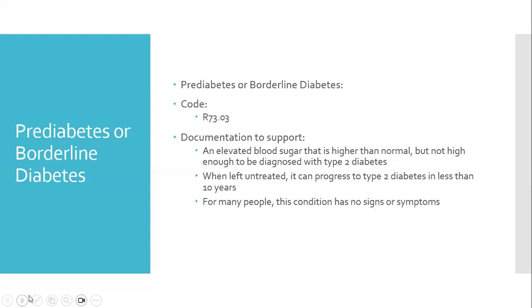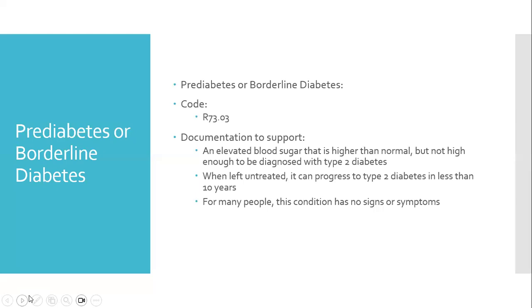So now let's talk a little bit about the sign and symptom. Sometimes your provider will say that this patient is pre-diabetic, or they have borderline diabetes, or they're having higher than normal glucose readings. So if there is not a definitive diagnosis of diabetes or a history of the chronic condition of diabetes, if they are having increased glucose readings, or your provider documents it as prediabetes or borderline diabetes, we would not use the E code category.